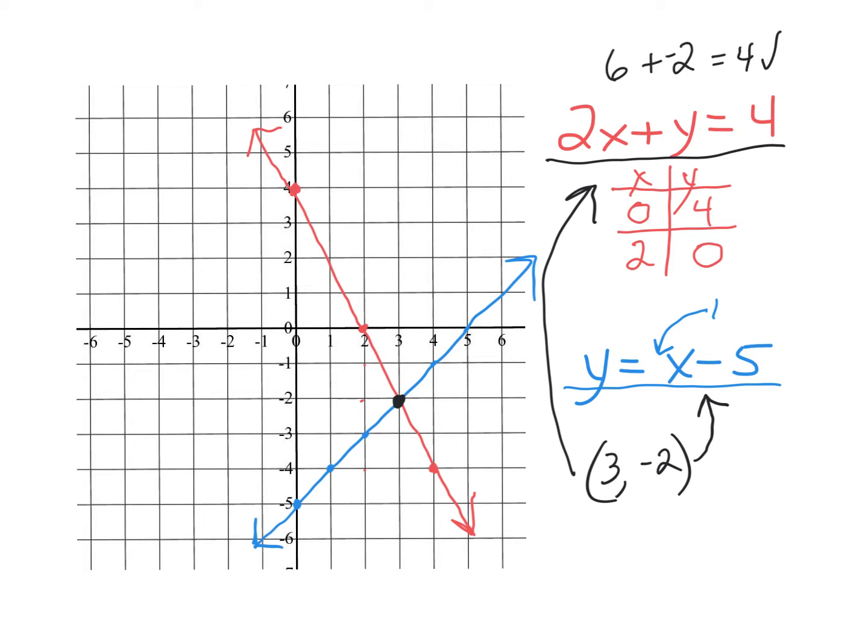If I do the same thing for the y equals x minus 5, that means that y, negative 2, has to equal 3 subtract 5, and it does. So I've been able to find a point that satisfies both of those equations.